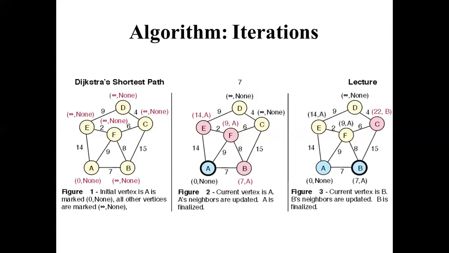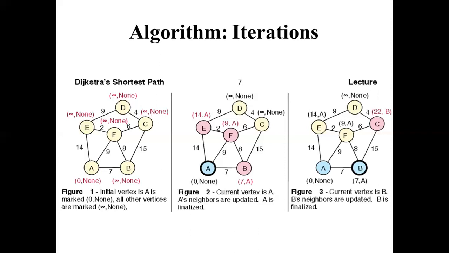Likewise for F, the cost to reach F is 9, and for this node A is going to help us. So the pair value becomes 9 comma A. Again the same thing, we are using node A to reach E. So the cost of the edge is 14.